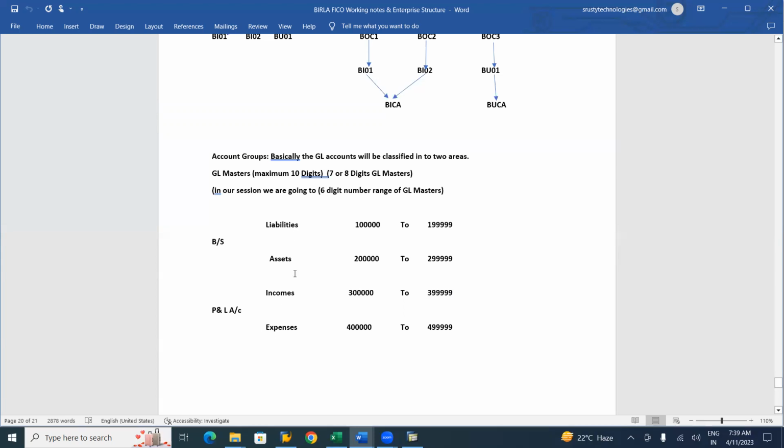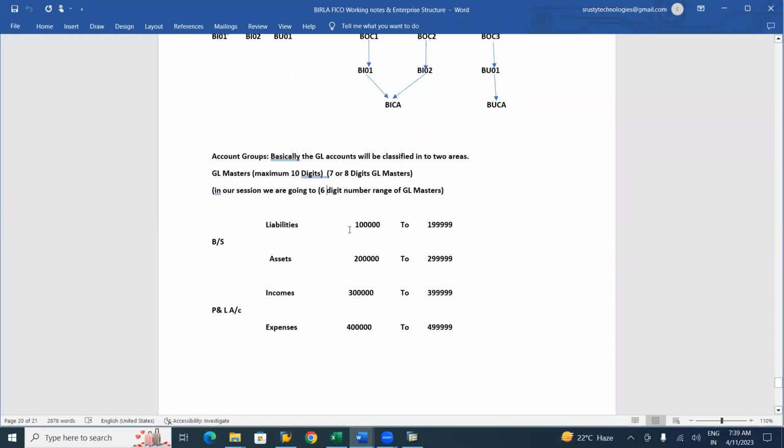In general also, 90% of companies follow the same way. Liabilities, we have taken the 1 series. Assets, the 2 series. Incomes, the 3 series. And expenses, the 4 series. So the liabilities range, we have given 1 lakh to 1,99,999. Assets, 2 lakhs and 2.